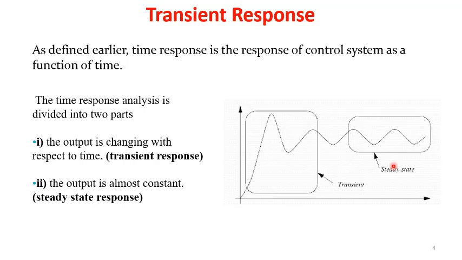We already knew about this, but here we are going to talk more about the transient phase, where the output changes with respect to time, and during this phase we are going to find the various specifications of the time response.